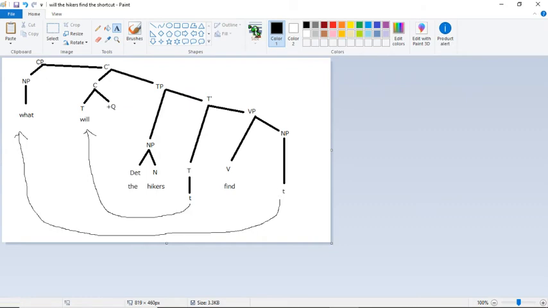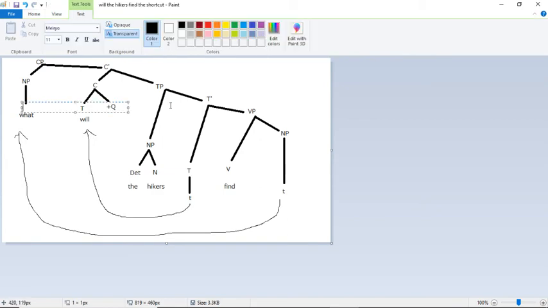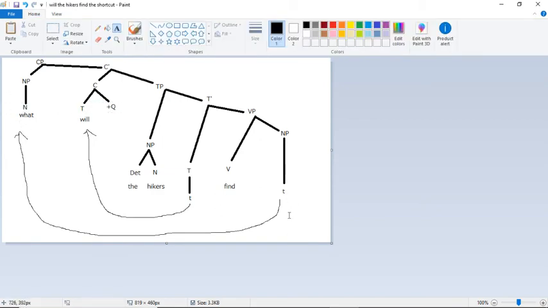I'm not precisely sure. So at this point, I'm just going to leave NP with a T trace and an NP with what, and I'm going to add an N here, indicating that what is tracing a noun. But see, in this case, it's also tracing a determiner, so I'll have to follow up with this.